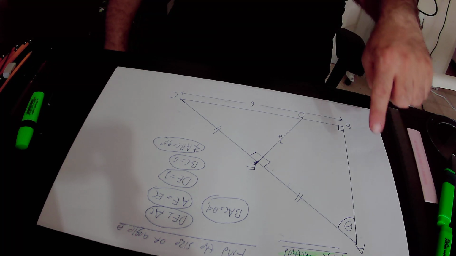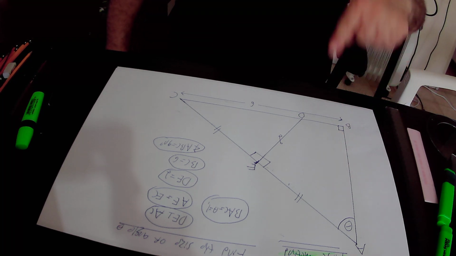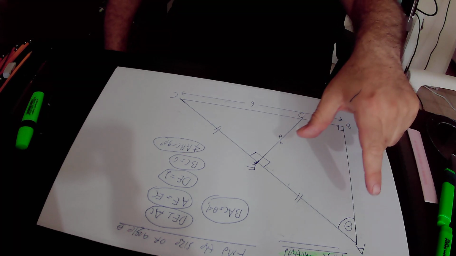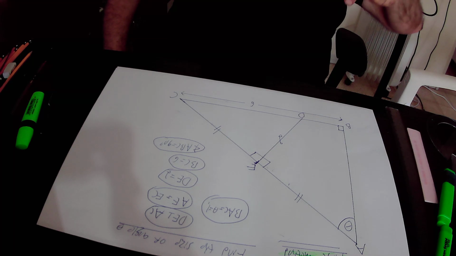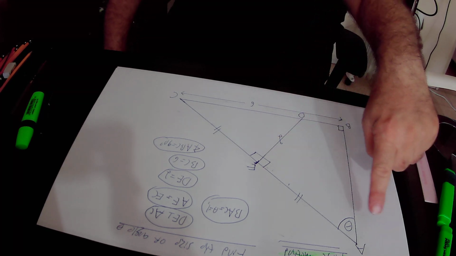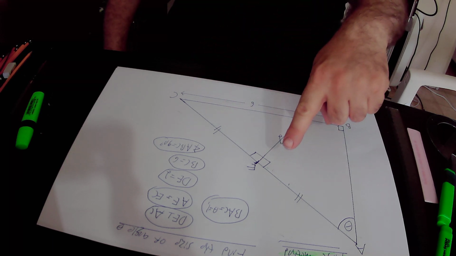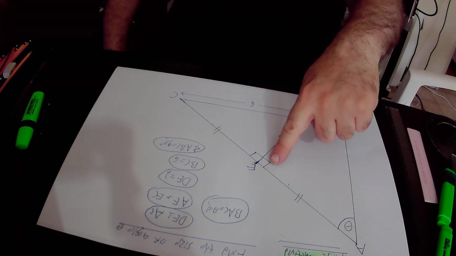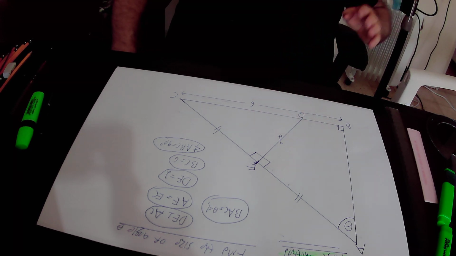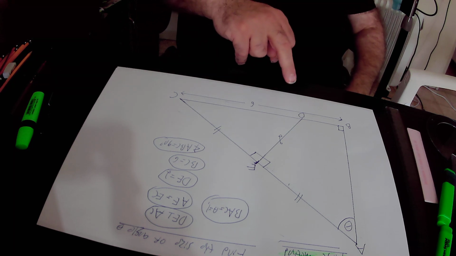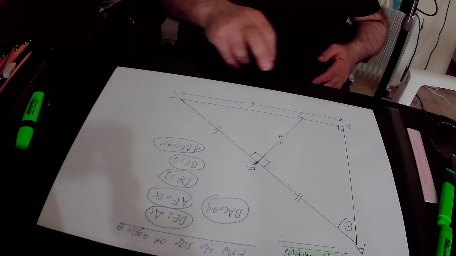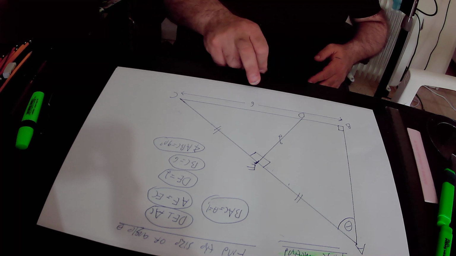Triangle ABC is right because angle ABC equals 90 degrees. We also know that AE equals EC, and DE is perpendicular to AC. That is, angle DEA equals 90 degrees, and angle DEC also equals 90 degrees. Line segment DE is equal to 2 units, and side BC equals 6 units.